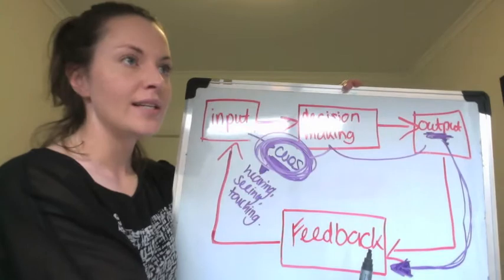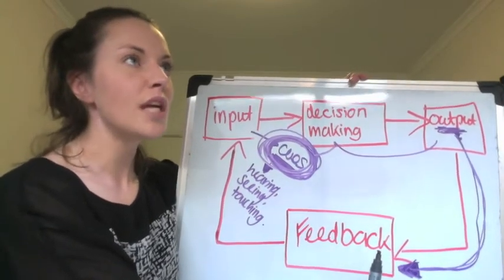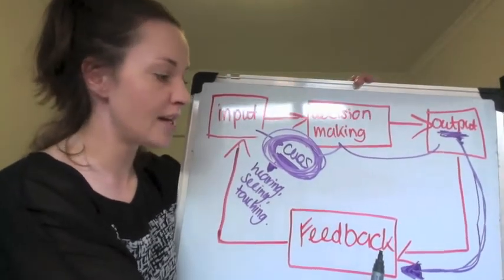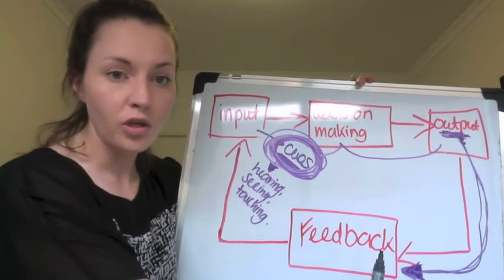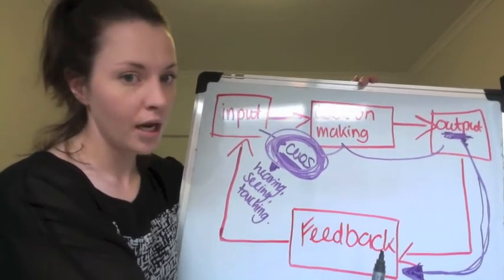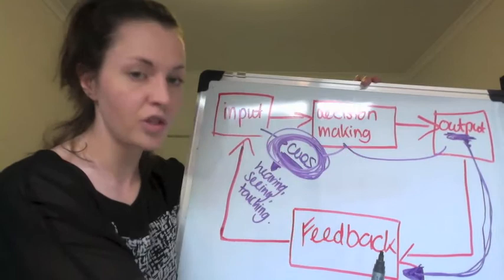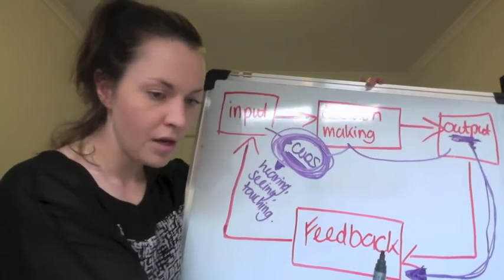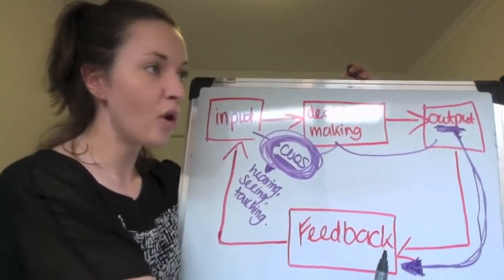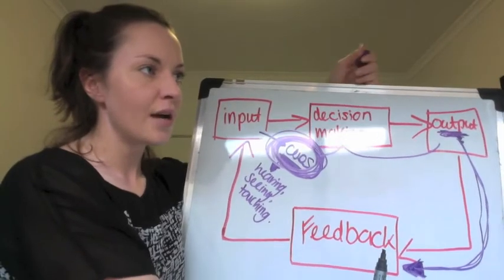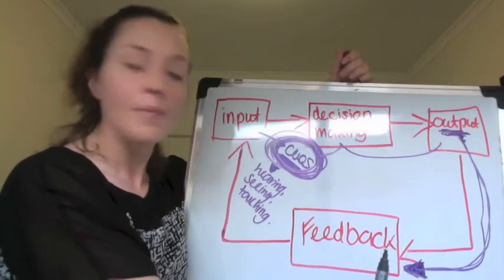That could quite simply mean if you are a goal shooter within netball and you go to shoot a goal, that you get it in. Knowledge of results within the context of a game. And then we also have knowledge of performance. Say, for example, you might have gotten the goal.